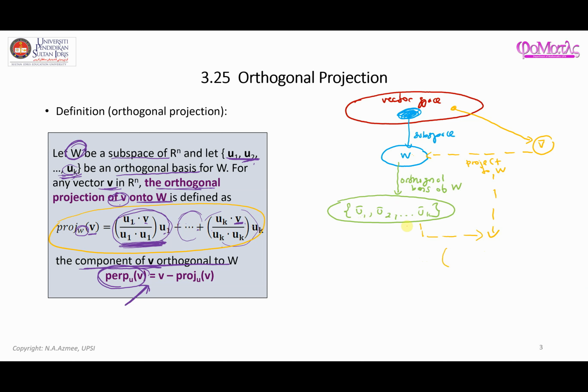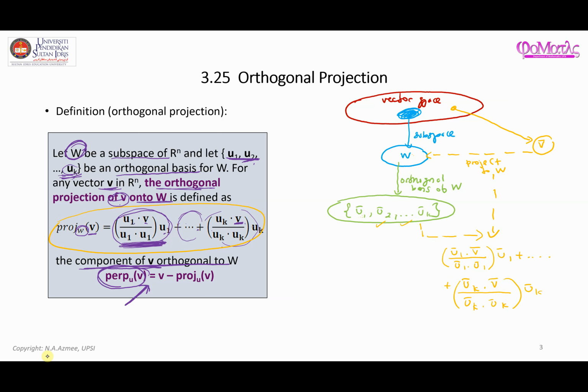First, with respect to u1, so here we have u1 dot v times u1, over u1 dot u1, and then you're going to do that for each vector until the last one. So the last one will be uk dot v over uk dot uk.